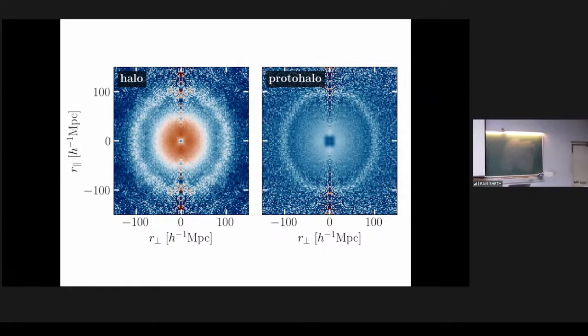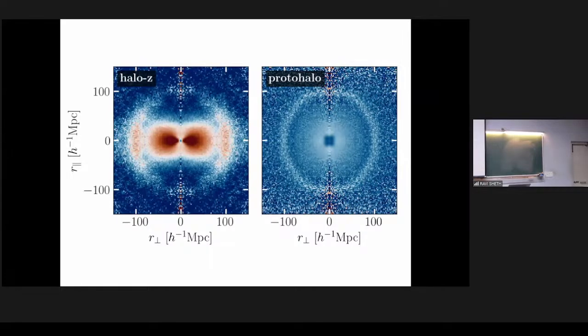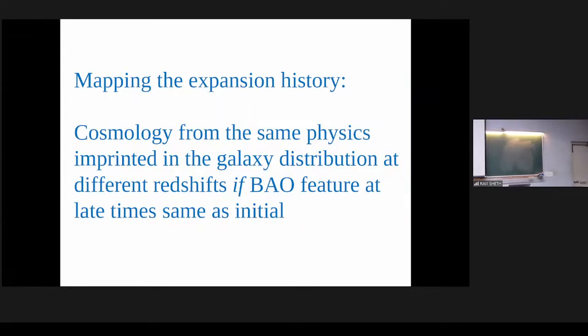That's what we're trying to do. What we're really trying to do is, our observations are going to be of this, and the thing we want to do science with is this, what they started as. So we need some way of taking our observations and taking them back to something like this. We want to be sure that the BAO signal, the galaxy distribution today, can somehow be mapped back to what it started out as 14 billion years ago.